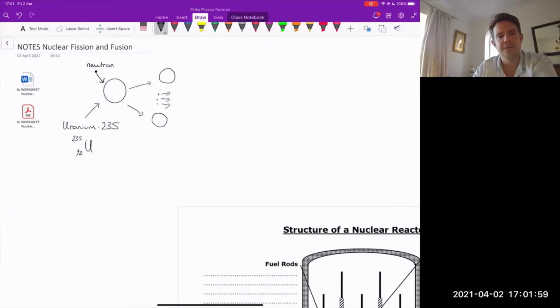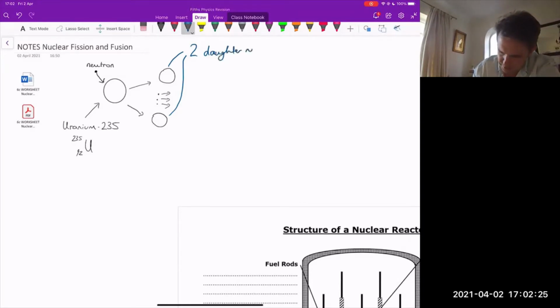So the uranium-235 absorbs a neutron and then splits into two daughter nuclei, which can be, as long as the mass number and the atomic numbers add up to what uranium has, a range of different pairs of daughter nuclei that can be produced, but you don't need to worry about that. So daughter nuclei.